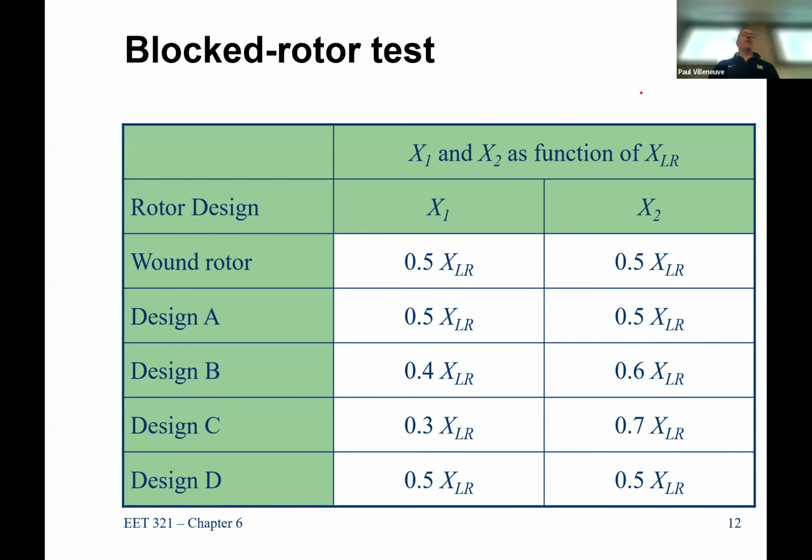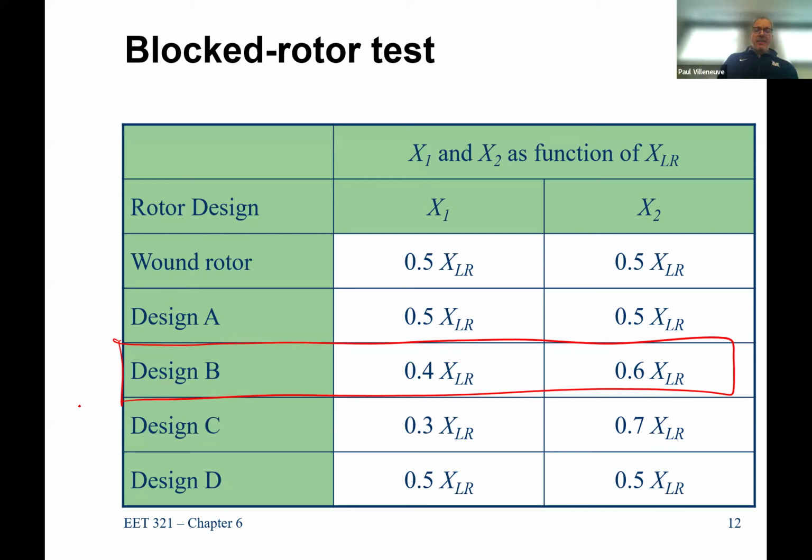And that's where I go to this step. This is basically using how people have designed these machines over many, many years. They have a ratio. If you know what X1 and X2 are equal to, or the combination is equal to, then you can approximate each of those by using this table. The most common piece of equipment that we're going to use is a NEMA Design B, which has 0.4 times X locked rotor for X1, and 0.6 times X locked rotor for X2.